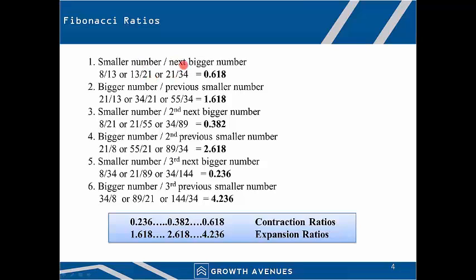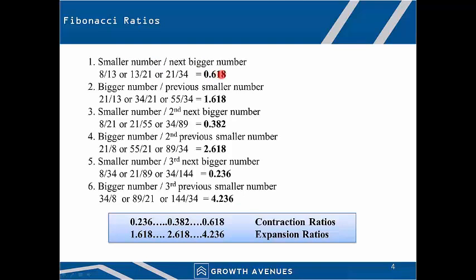If you do this division, no matter at what stage in the Fibonacci summation series you would actually carry out this particular division, the output of that will always be 0.618. Okay, so smaller number by next bigger number, the output will always be 0.618.